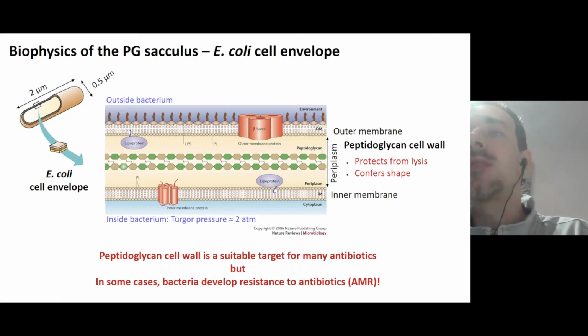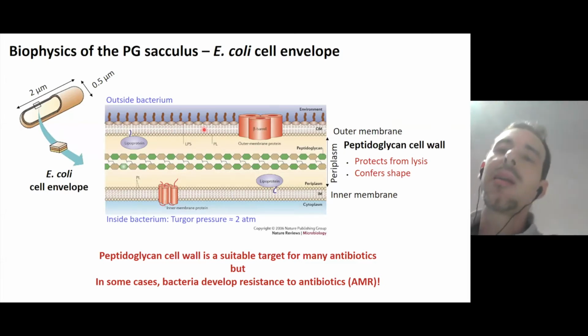A central part called the periplasm lodges a peptidoglycan cell wall, which for short we are going to call PG. This part protects the cell from lysis and confers the shape. Finally, we have the outer part called the outer membrane, which is in contact with the environment, the outside of the bacterium.